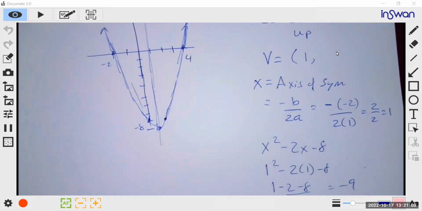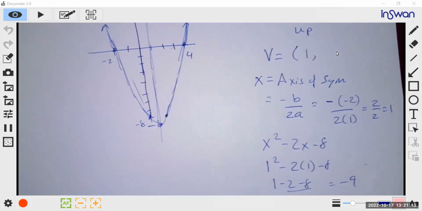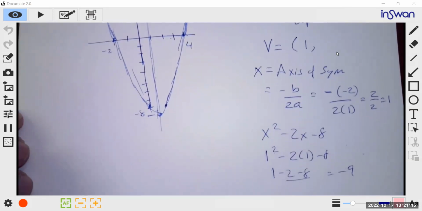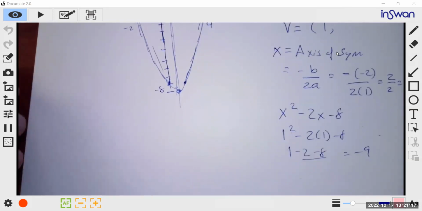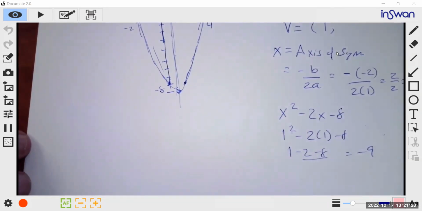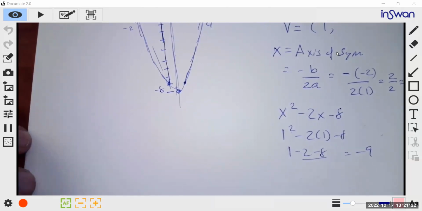So there we have it. There's the graph. Because we're going to start building up on these, making them much more complex.